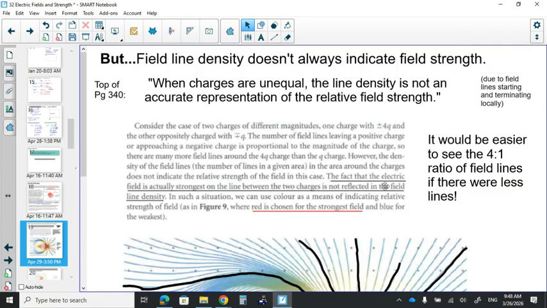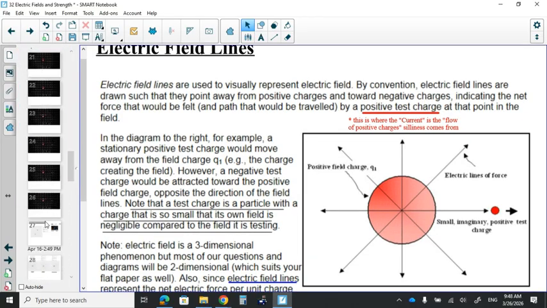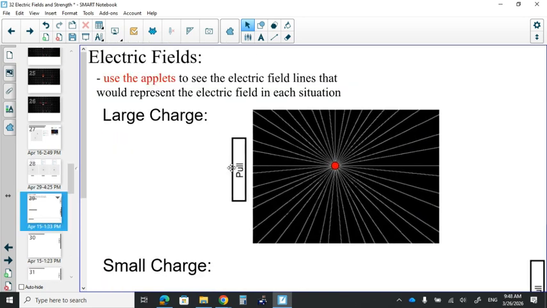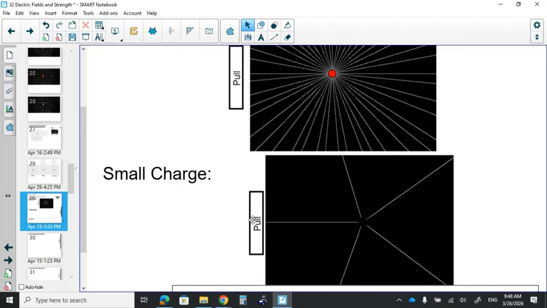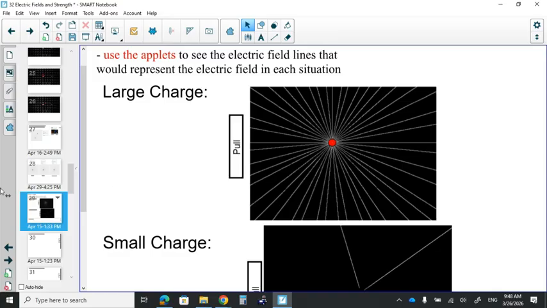So one thing to note, kind of weird about this, you're going to see things like this soon, where you have a large charge versus a small charge, okay? Most people will say the field line density gives the representation of the field strength.